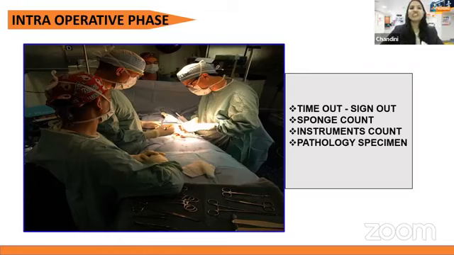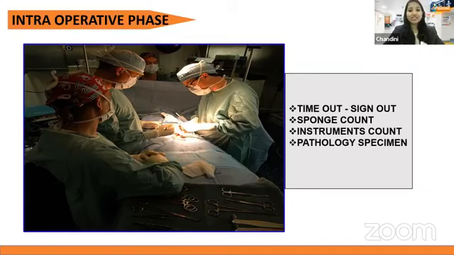From the OT, the patient is operated on and shifted to post-operative. I would like to emphasize this phase, because many sentinel events have happened here in previous experience, and understanding them can help prevent sentinel events.